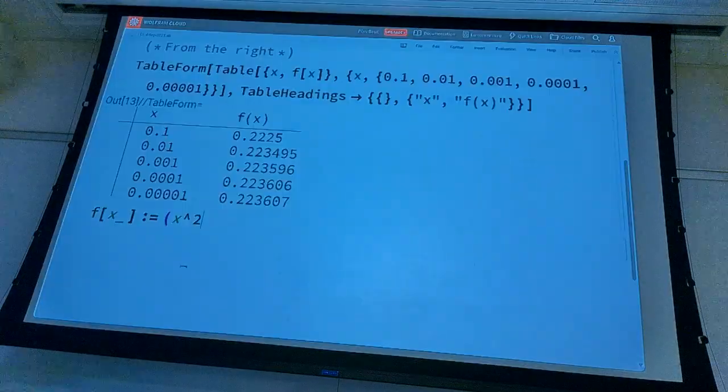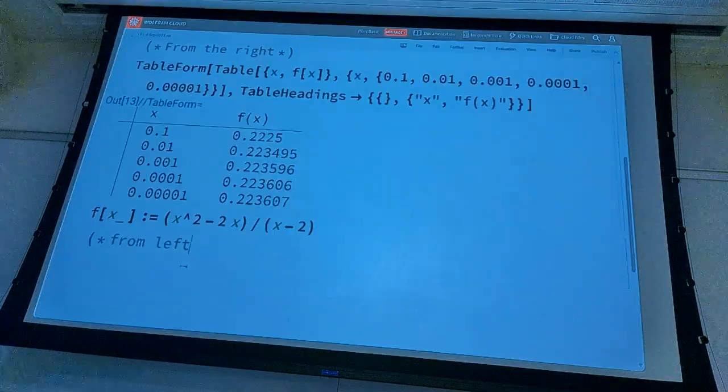X squared is 2x divided by x equals 2. And the limit was approaching 2.